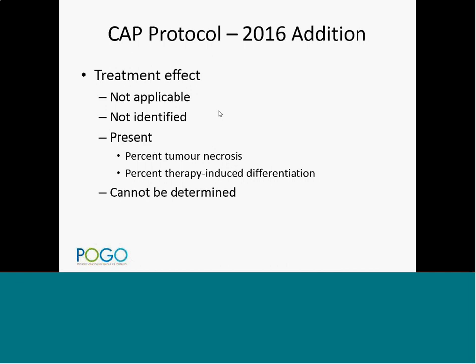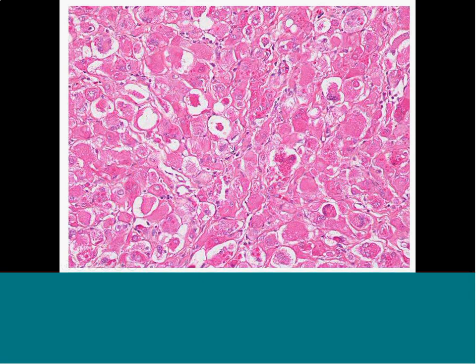Treatment effect is either not applicable, in that there's no treatment and you didn't see any, or it's present and takes two forms: either tumor necrosis, which means obviously it's necrotic, or therapy-induced differentiation, which is a cause of concern for the radiologists and the clinicians because the tumor has differentiated and not necessarily reduced in size. And then I'll show you an example of a cytodifferentiated rhabdomyosarcoma.